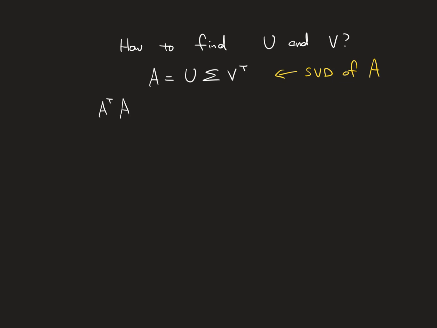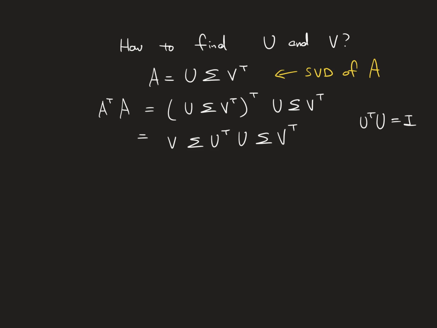We calculate A transpose A, and we can see that this is U sigma V transpose transposed times U sigma V transpose, which gives V sigma transpose U transpose U sigma V transpose. But we know that U transpose U is equal to I, because U is an orthogonal matrix, so we can cancel it out here.